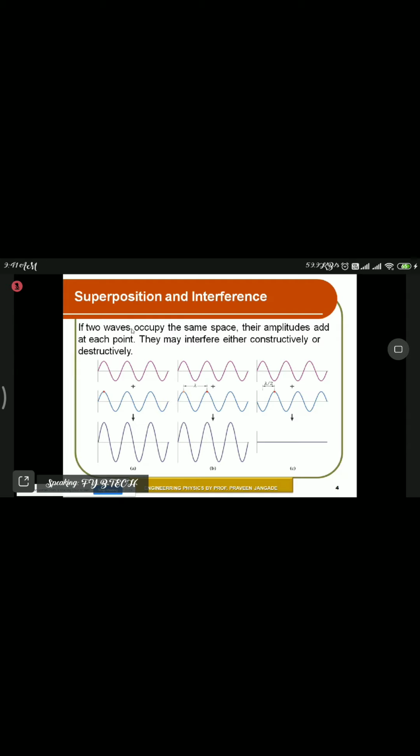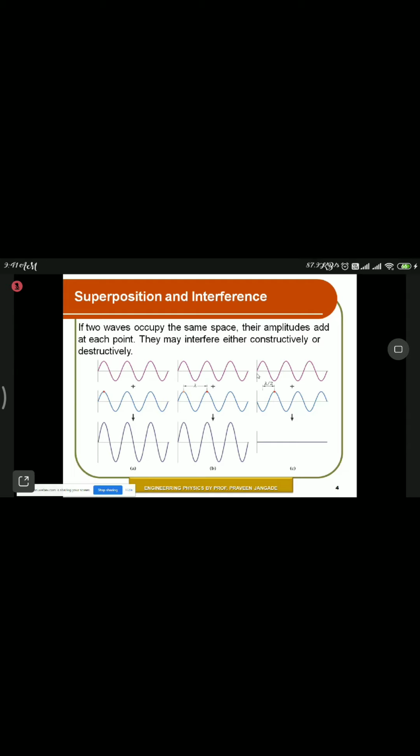Once these two waves intersect each other, they produce a point of maximum amplitude. We can easily see that with the help of diagrams A and B. Whenever there is maximum amplitude, we can directly say it satisfies the condition of constructive interference. Then if you move to diagram C, we can see the purple wave and the blue wave are out of phase, meaning a phase difference has been introduced.